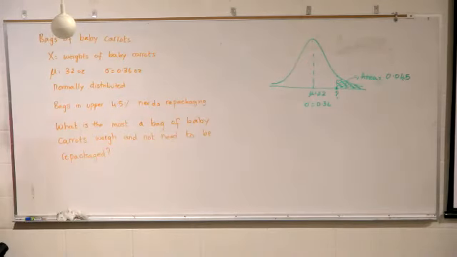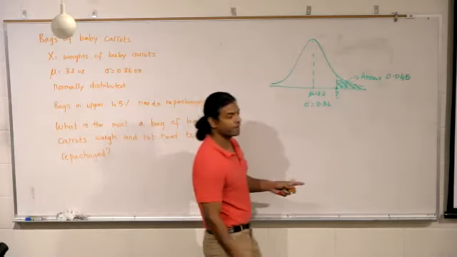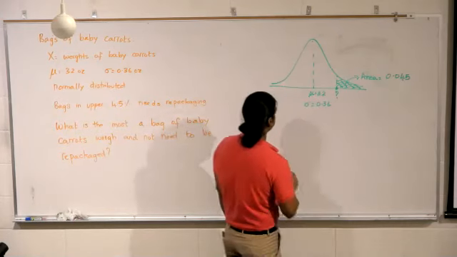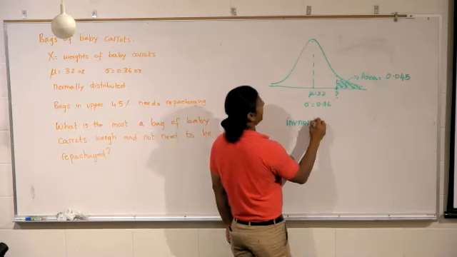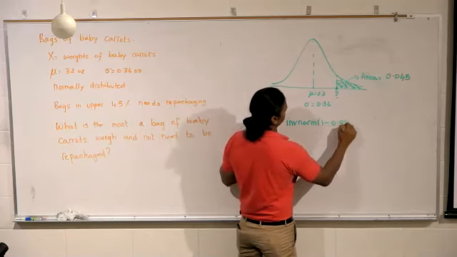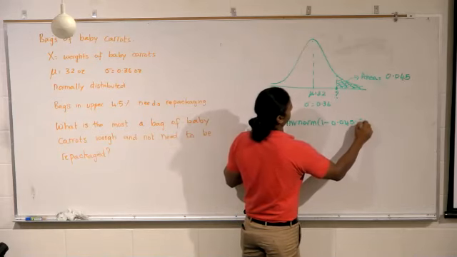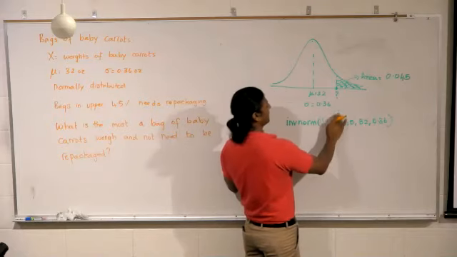Inverse norm wants the area below, so if the area above is 0.045, what is the area below? 0.955, and how did we get that? You just subtract from 1. And what is the answer?